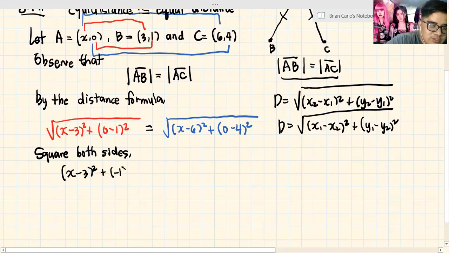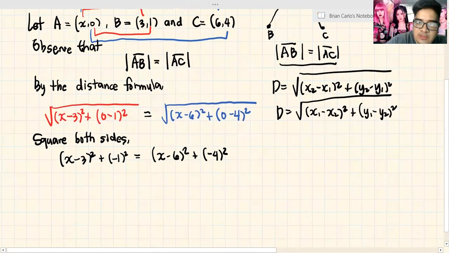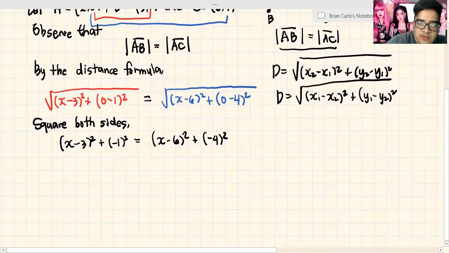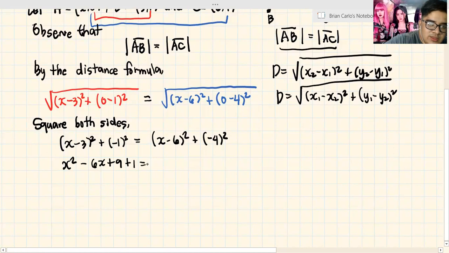Plus negative 1 squared na lang to, tapos x minus 6 squared plus negative 4 squared. Ngayon, evaluate na natin yung mga binomials. We'll use yung special product. So, this is x squared minus 6x plus 9, plus negative 1 squared is plus 1, is equal to x squared minus 12x plus 36 plus 16.